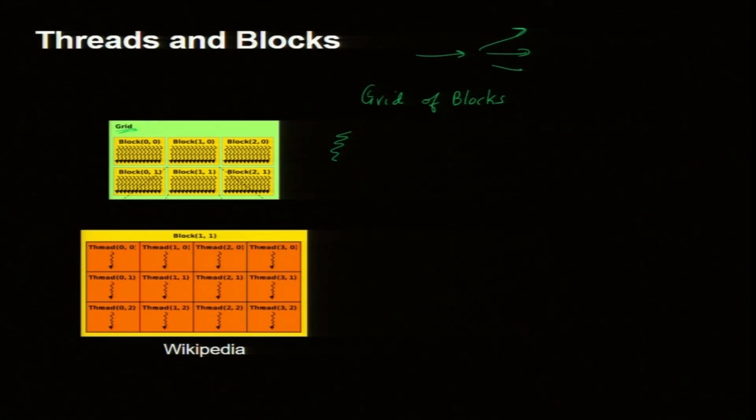So, we have these threads. A block has many threads. You can see this block 1 1, this block has threads inside. So, a grid is a set of blocks and each block has threads, and for parallel computing you want to run these threads simultaneously.